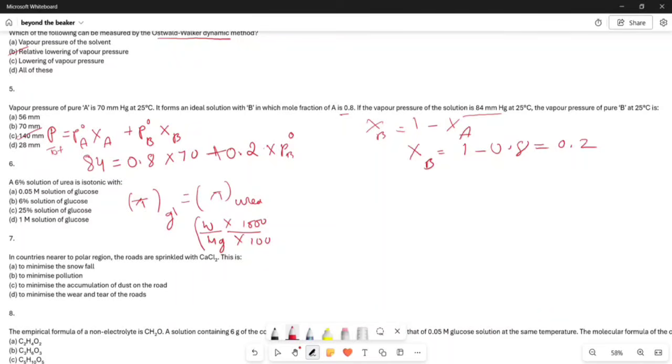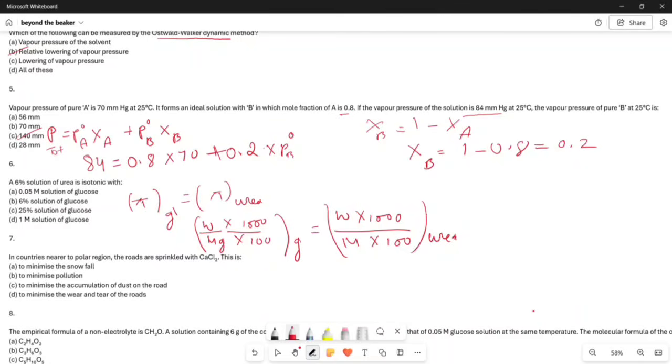This is equal to the same expression for urea. So you have to substitute the values.